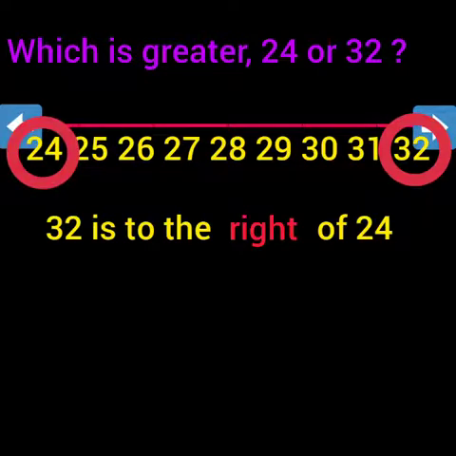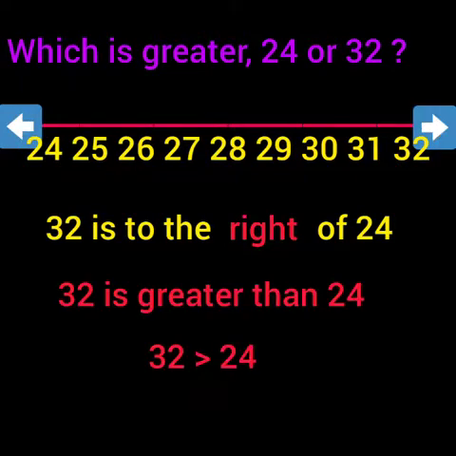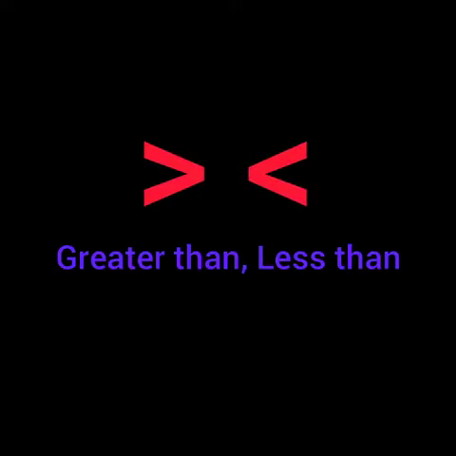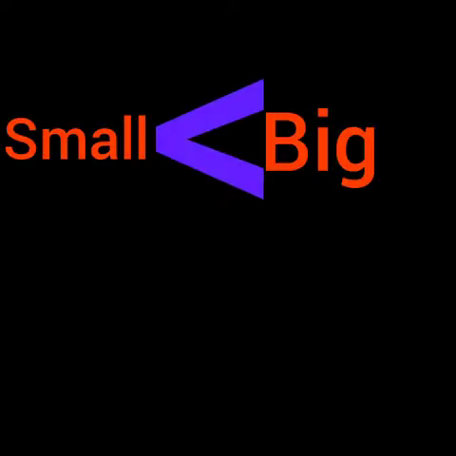Thus we can say 32 is greater than 24. We have already studied these symbols. Which are they? Greater than and less than. We know that the open mouth faces towards the bigger number and the pointed end faces towards the smaller number.